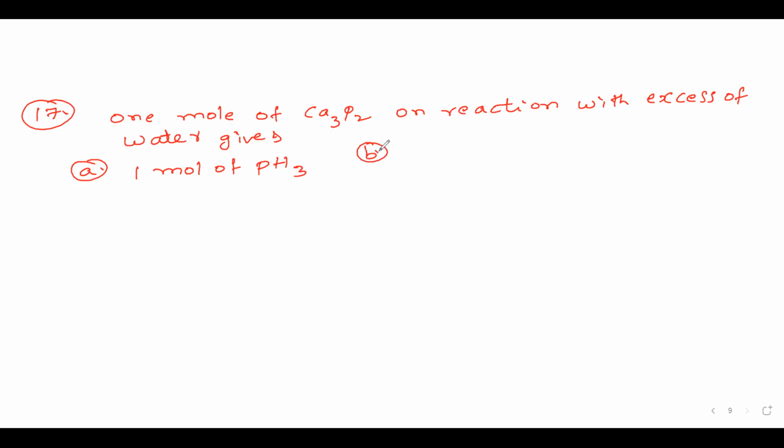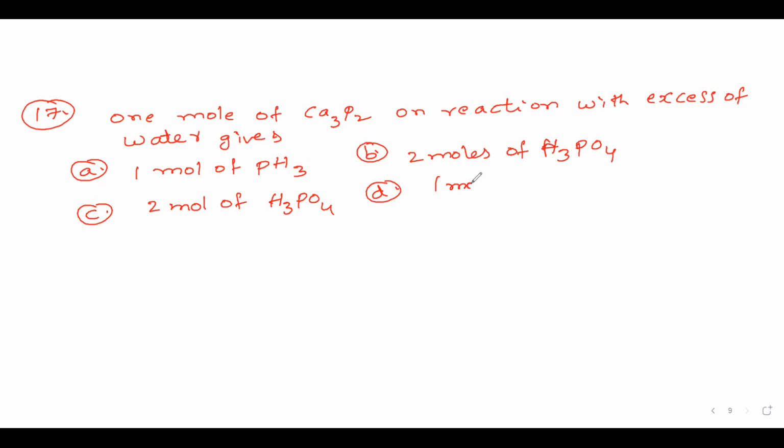Next, option B, 2 moles of phosphoric acid, that is H3PO4, and option C, 2 moles of phosphoric acid, 1 mole of phosphorus pentoxide. And option D, 1 mole of phosphorus pentoxide, P2O5. Now we need to write the equation, then only you can get the answer perfectly.